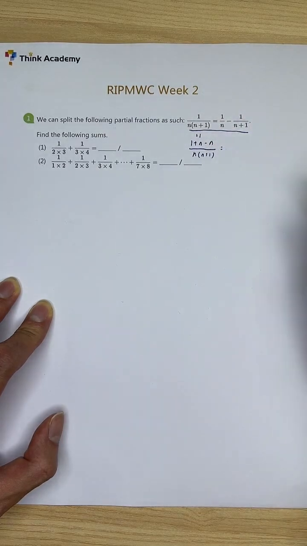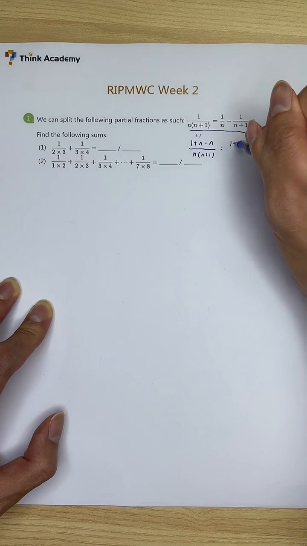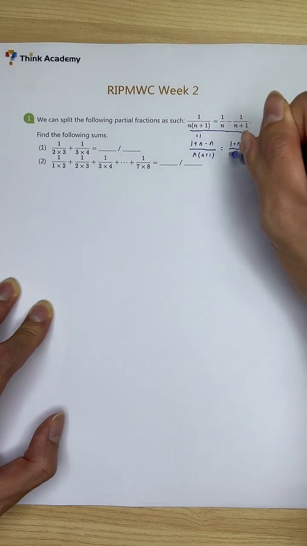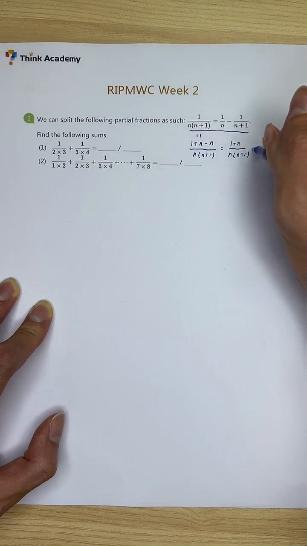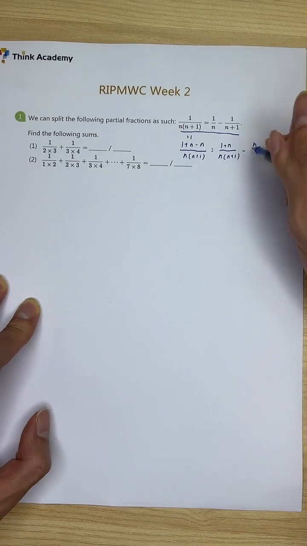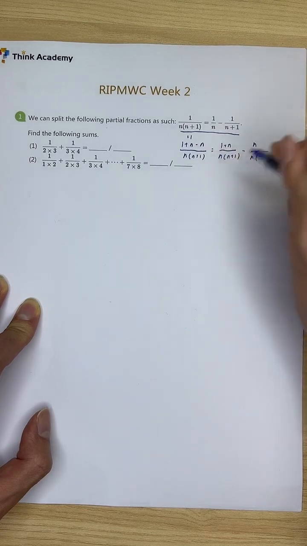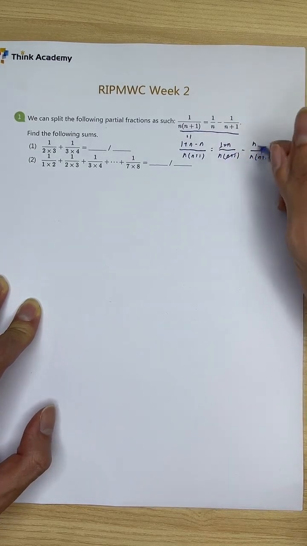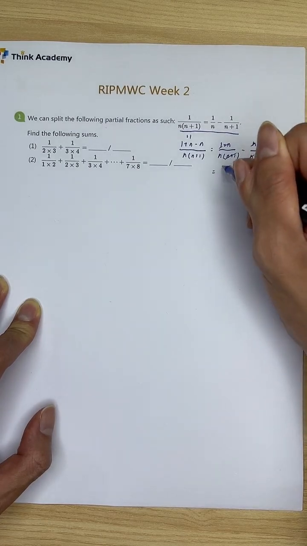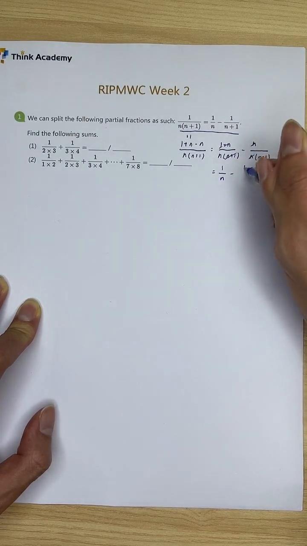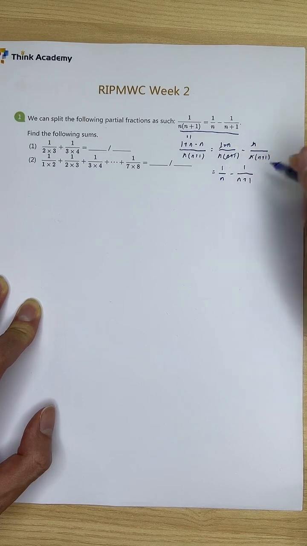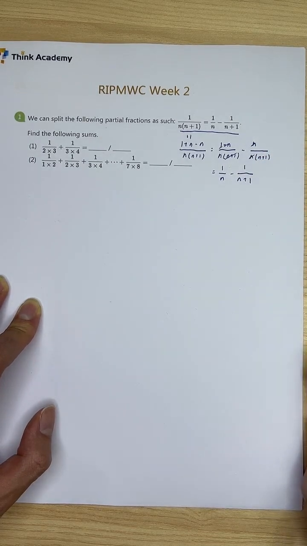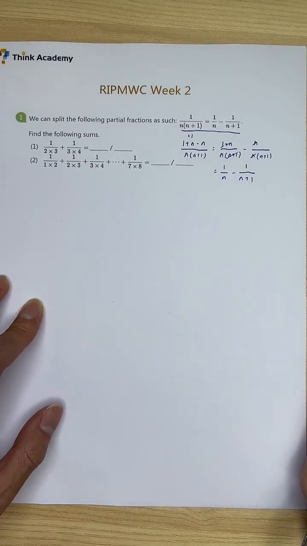Then we split up this fraction and obtain 1 plus n over n times n plus 1 minus n over n times n plus 1. Cancelling things out nicely, we just obtain 1 over n minus 1 over n plus 1. This trick has always been very useful.